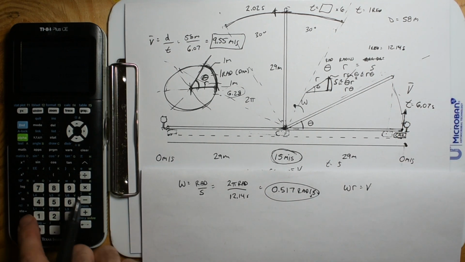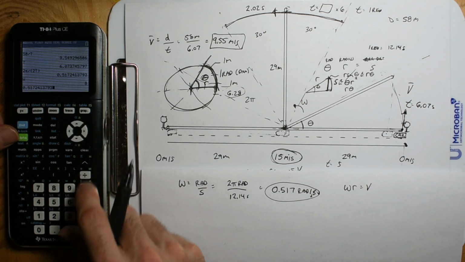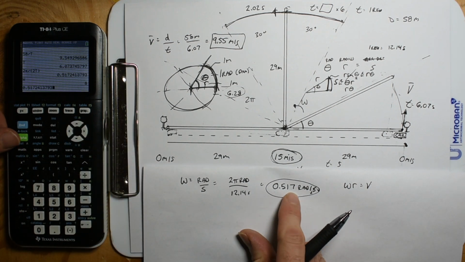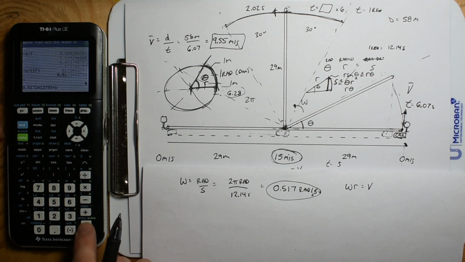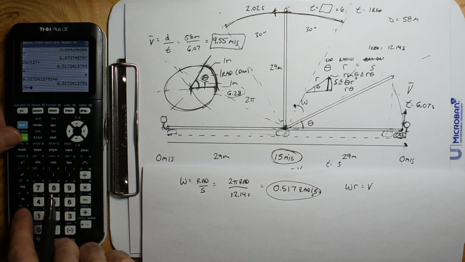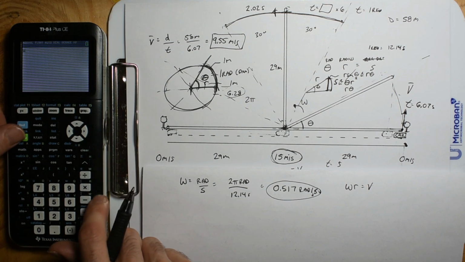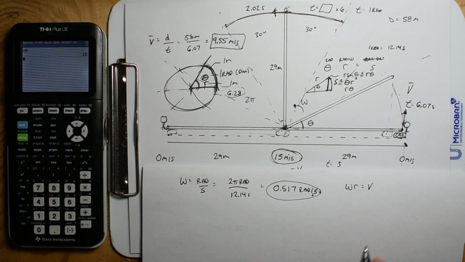So let's store this 0.517 as alpha w for radians per second, and 29 meters as alpha r. So we have w times r is 15.